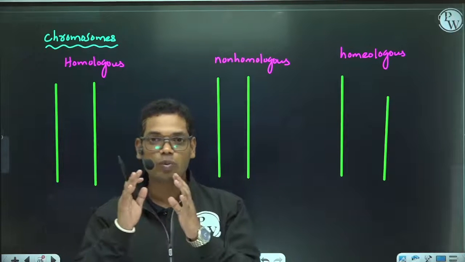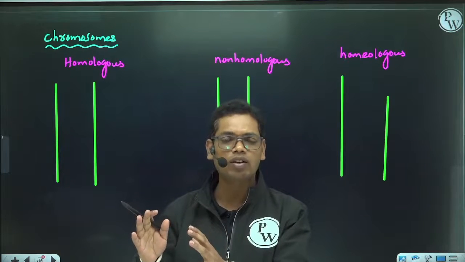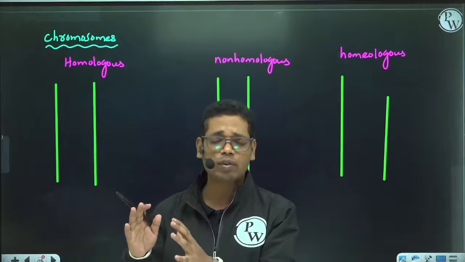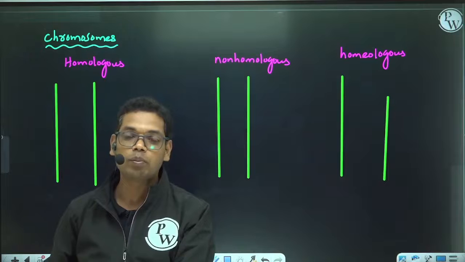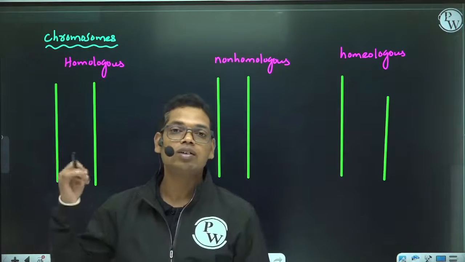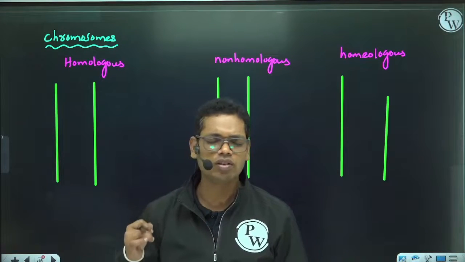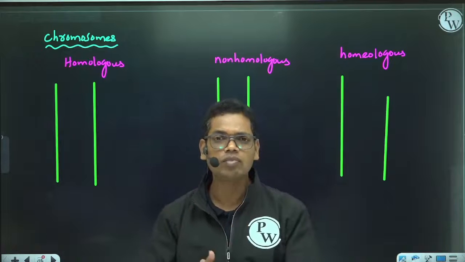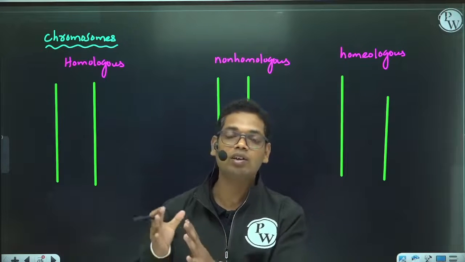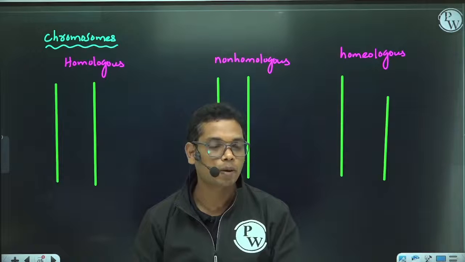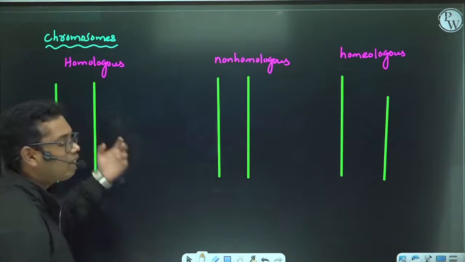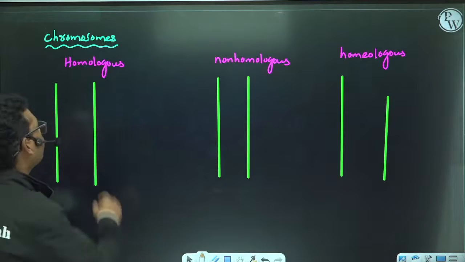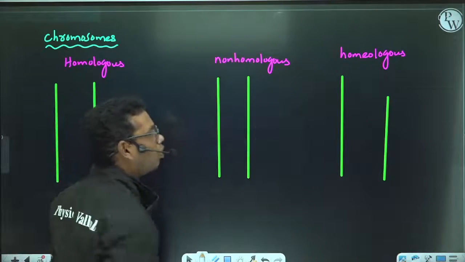That means the genes for somatic characters are present on both autosomal chromosomes as well as sex chromosomes, but the genes controlling the sexual characters are present only in the sex chromosomes. Now the chromosomes can further be classified into two groups: homologous and non-homologous.